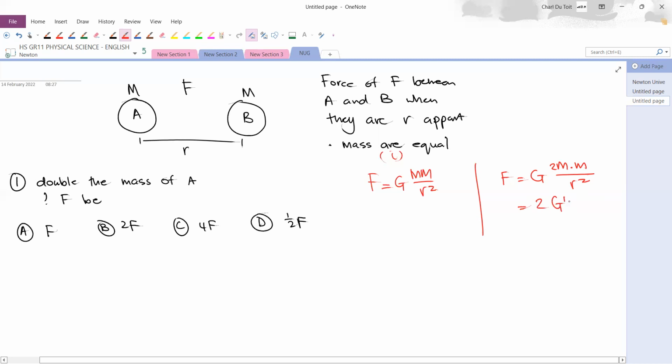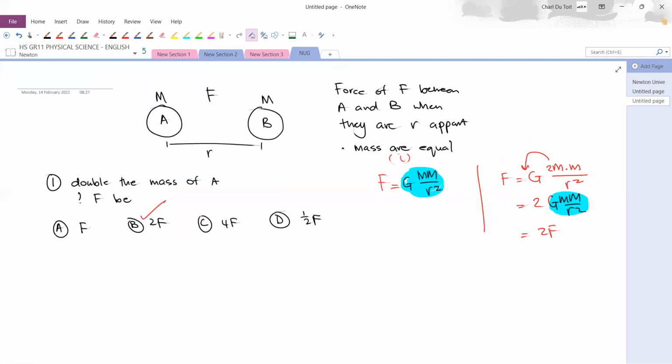So that's 2GMM over R squared. So that 2 just jumped in front. You understand the math there? So that section there is the same. That's F. So the answer is 2F. Now that method in red I showed you is quite helpful when it becomes more involved.